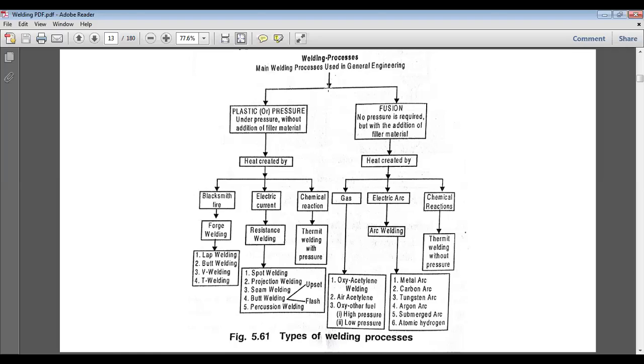We have also seen in the case of casting that there is no pressure required. That's why heat is very important, and heat is very high, as high as above melting temperature, and pressure is not applied there. But in case of hot and cold working processes or forming processes, we have seen that pressure is applied. So when pressure is applied, lesser heat is required.